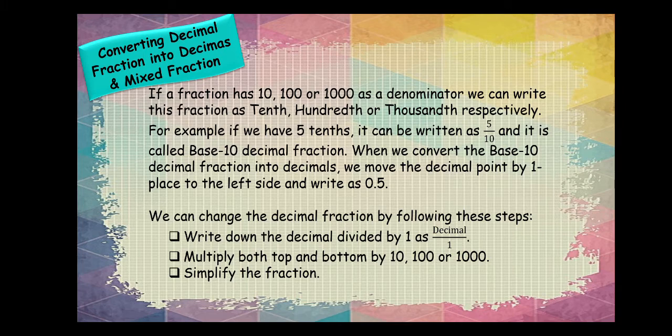If we have only one digit after the decimal point, we multiply by 10. If we have two digits after the decimal point, we multiply by 100. And if we have 3 digits after the decimal point, we multiply by 1000. After that, we simplify the fraction.